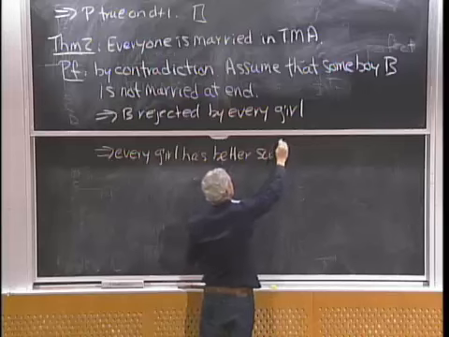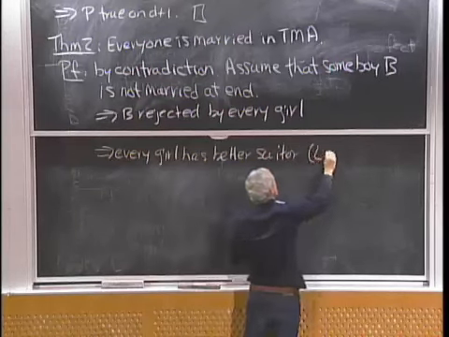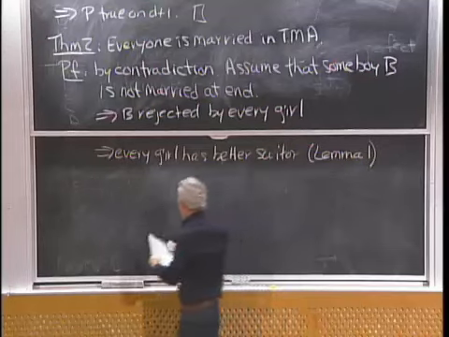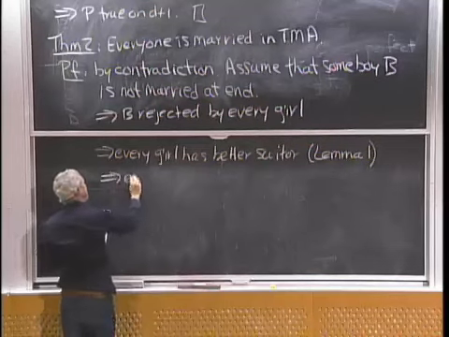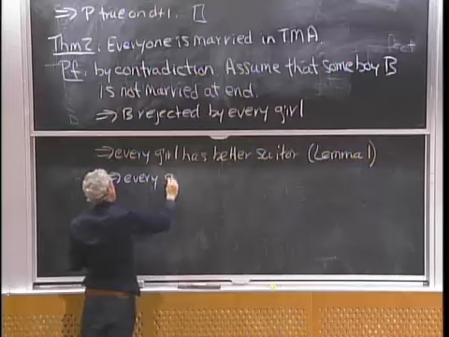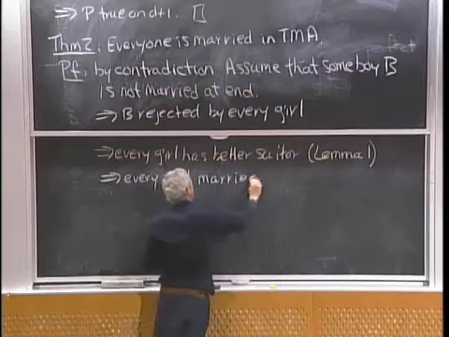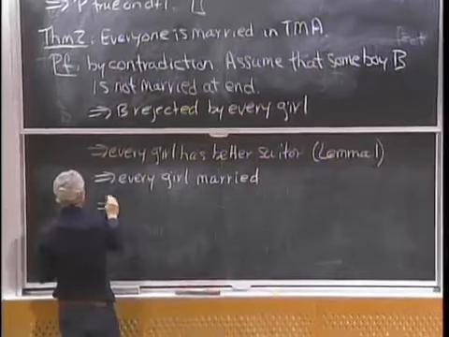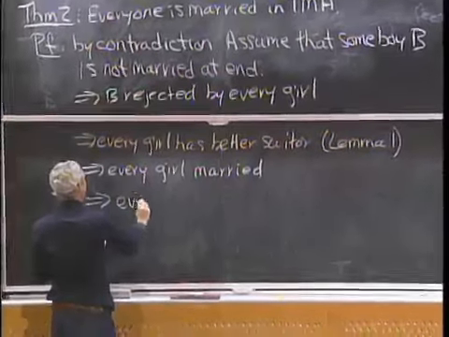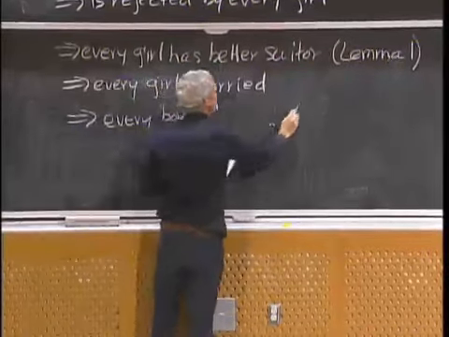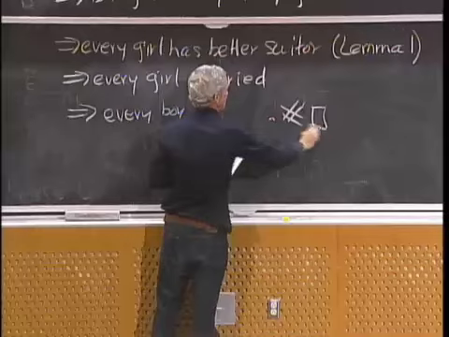And that's where we use lemma 1. And that means that every girl is married. And that means that every boy is married, including B. And that's a contradiction because we said B wasn't married.